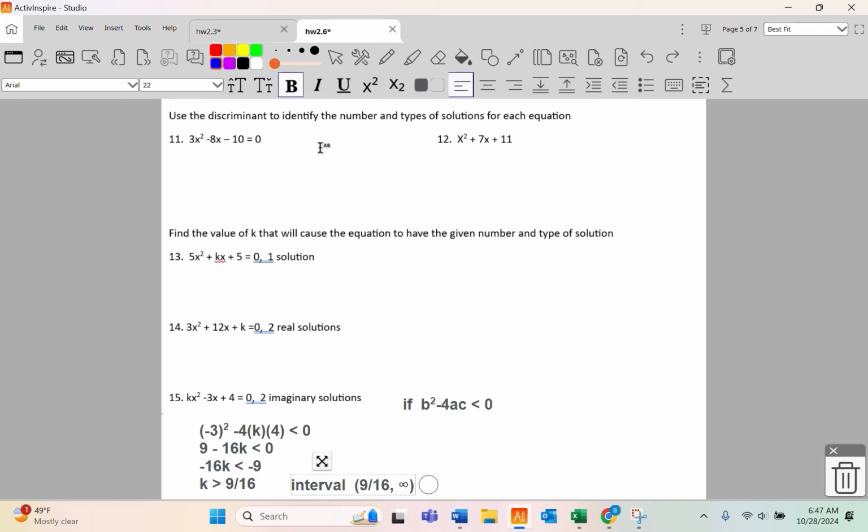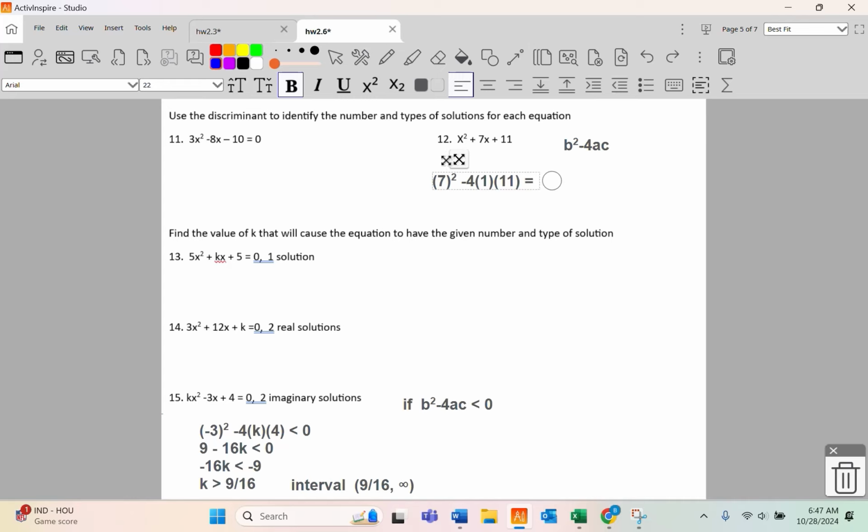The ones above say use the discriminant to identify the number and types of solutions for each equation. Again, the discriminant is the b squared minus 4ac part. So looking at this one, I'd have 7 squared minus 4 times a, which is 1, times c, which is 11.